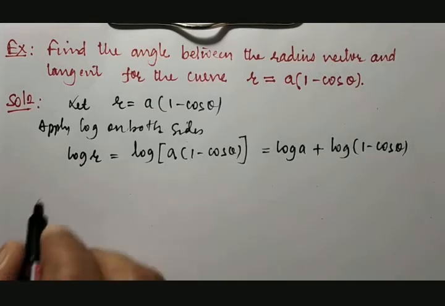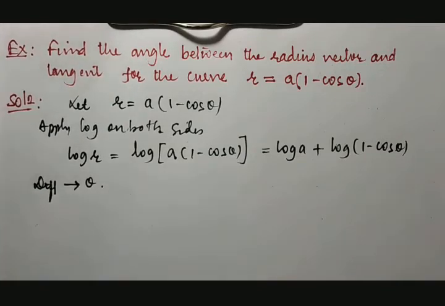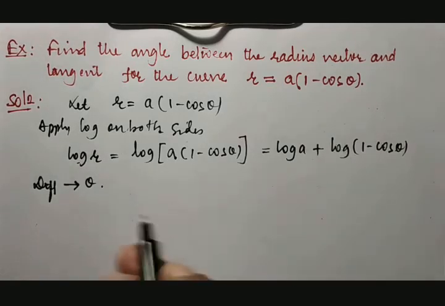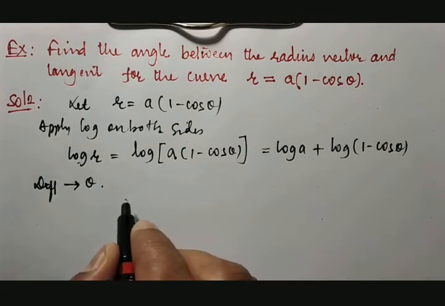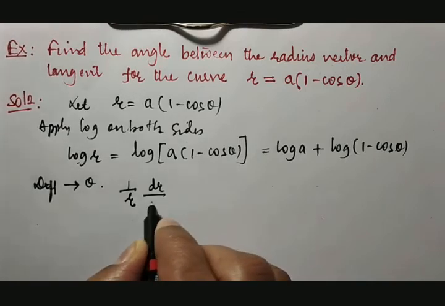Okay. Then differentiate this with respect to theta. If you differentiate this result with respect to theta, what happens? Log r is equal to this. So differentiation of log r is what? 1 divided by r into dr by d theta.